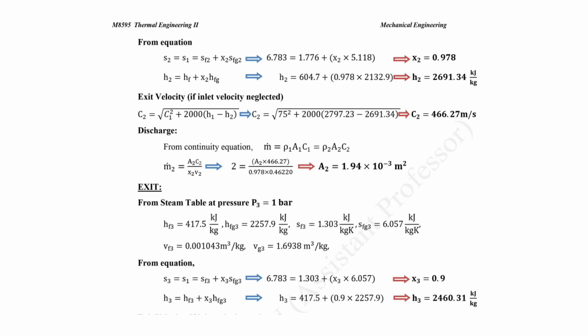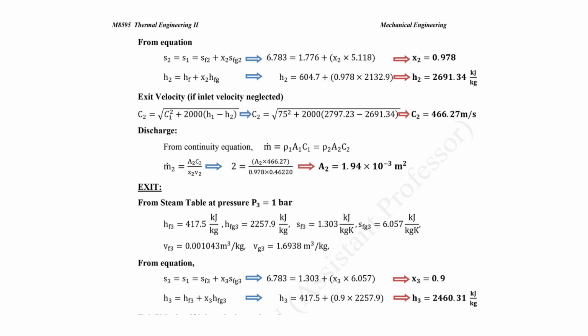the exit parameters are going to be calculated from steam table values. The steam table values are obtained at pressure P3 equal to 1 bar, where we can get Hf3, Hfg3, Sf3, Sfg3, Vf3, Vg3 values. From the equation S3 is equal to S1 is equal to Sf3 plus x3 Sfg3, as well as H3 is equal to Hf3 plus x3 Hfg3.